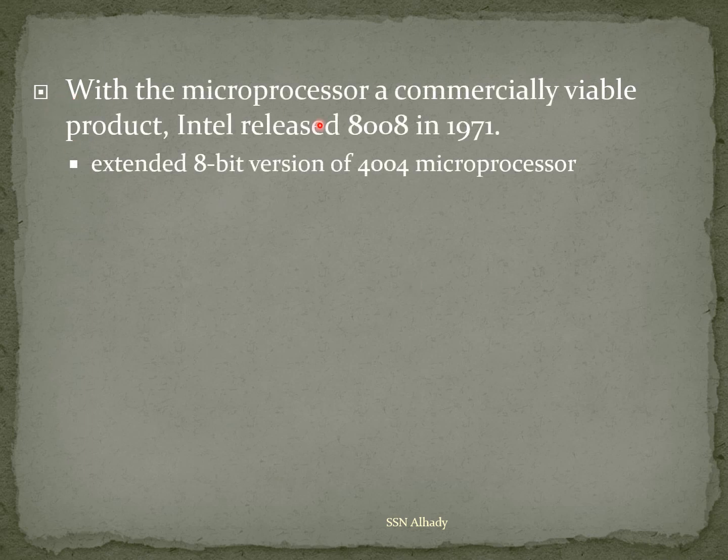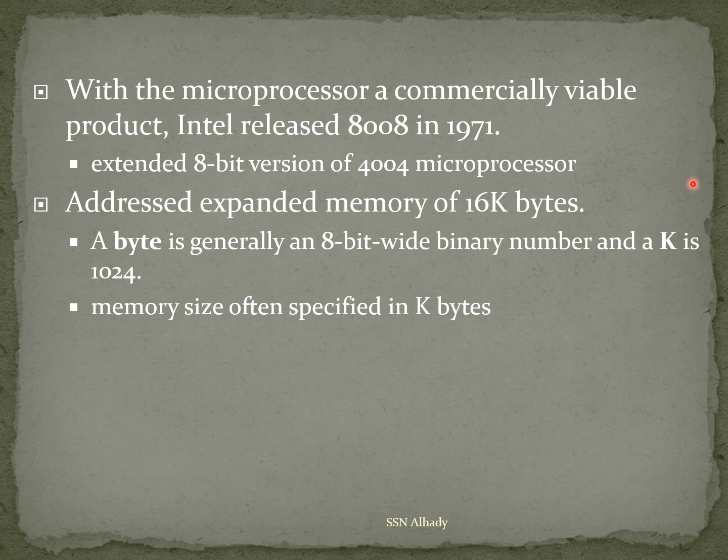Okay, with the processor a commercially viable product, Intel then released the 8008, which is the extended 8-bit version of the 4004. 8-bit refers to the data bus, an 8-bit processor. The address was also expanded to 16K bytes.